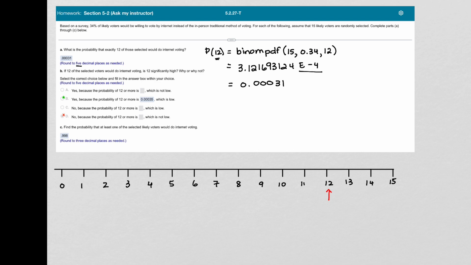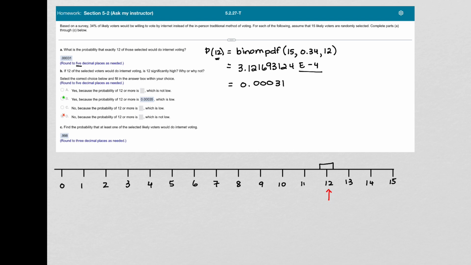So that's how I get that answer. Now, that was the probability of getting exactly 12 successes. So very small probability.